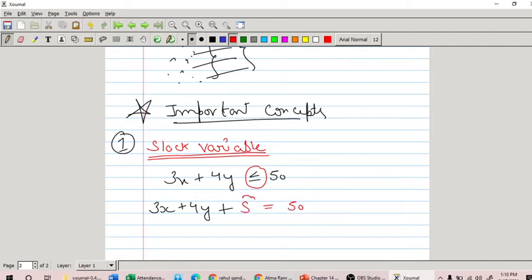Now this s is the gap, a non-negative variable.